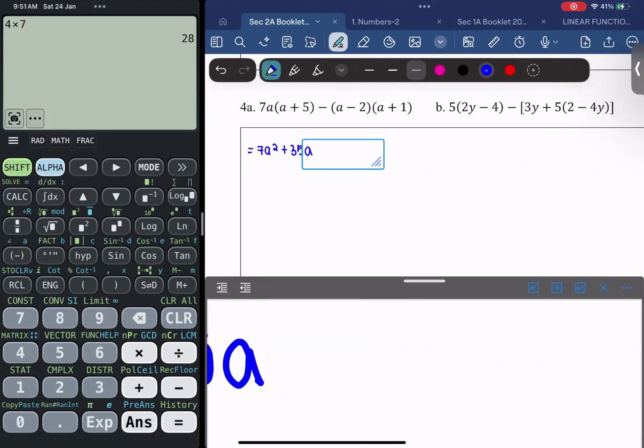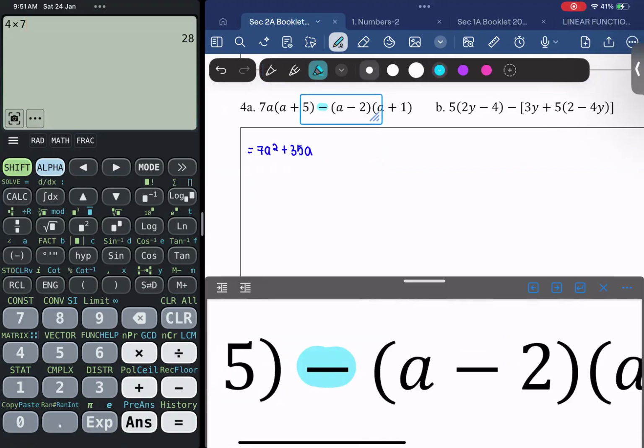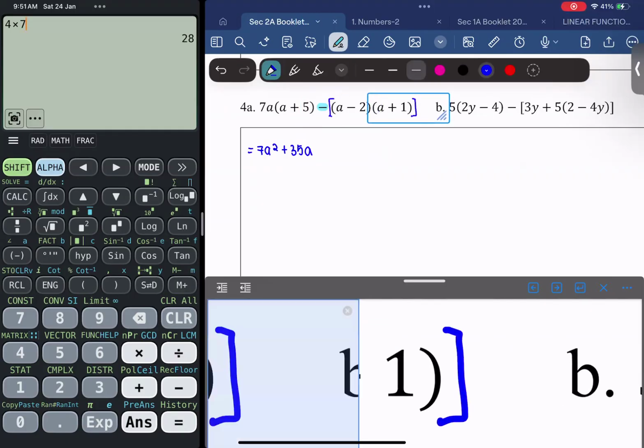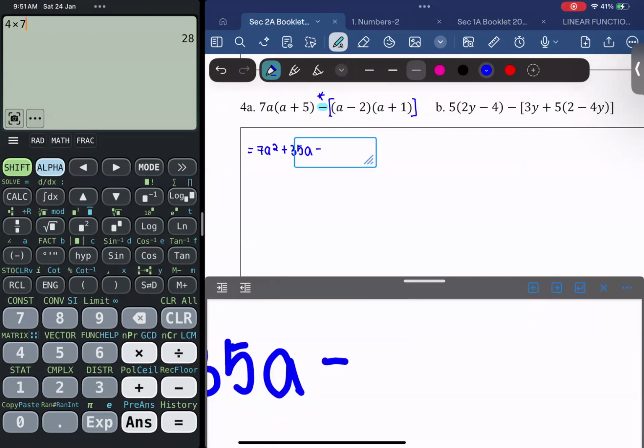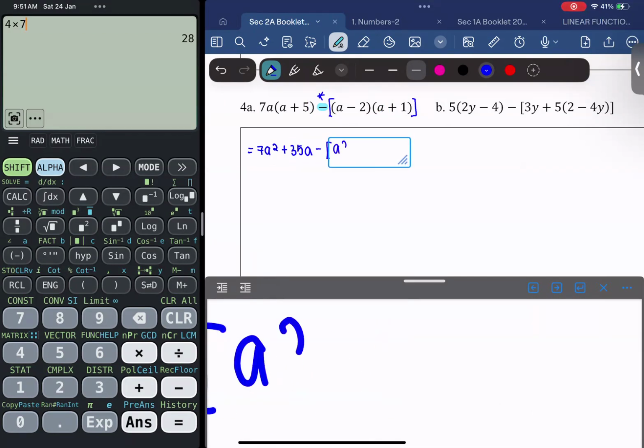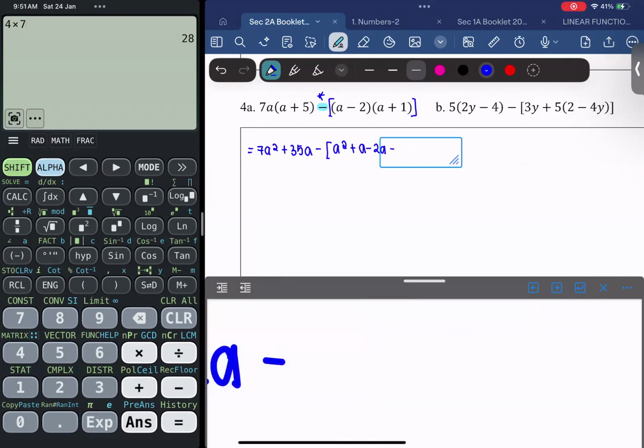There is a negative in front of here, so we got to put a very big bracket. Every time you see a negative in front of a bracket, you put a very big bracket, because we want to do the bracket first, and then times in the negative. So negative, big bracket, a squared plus a minus 2a minus 2.